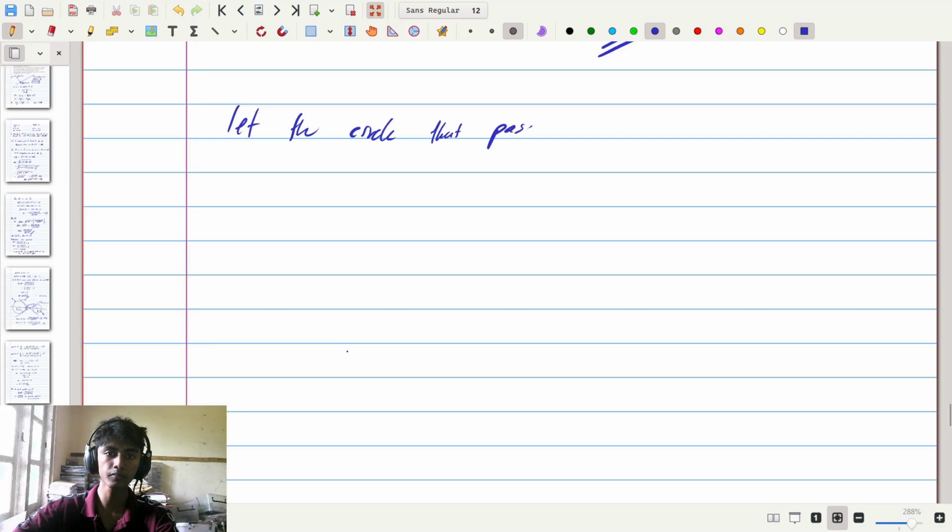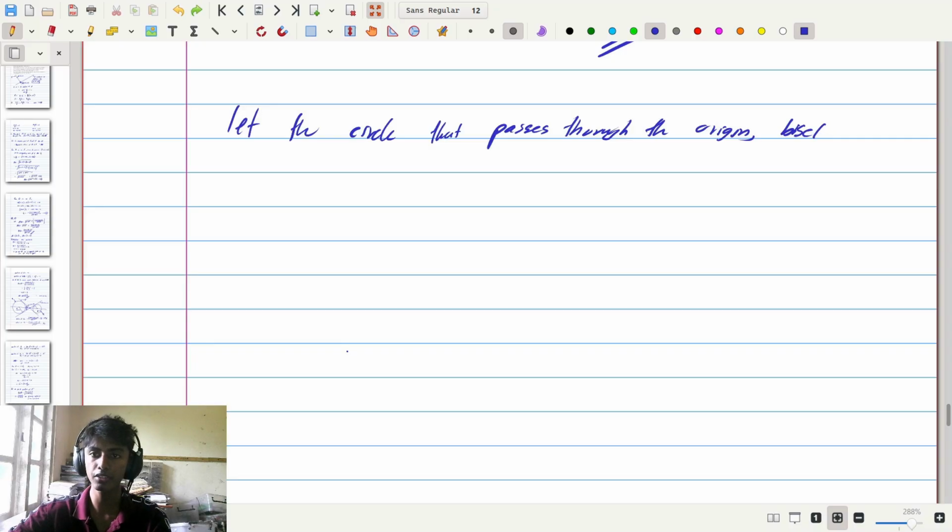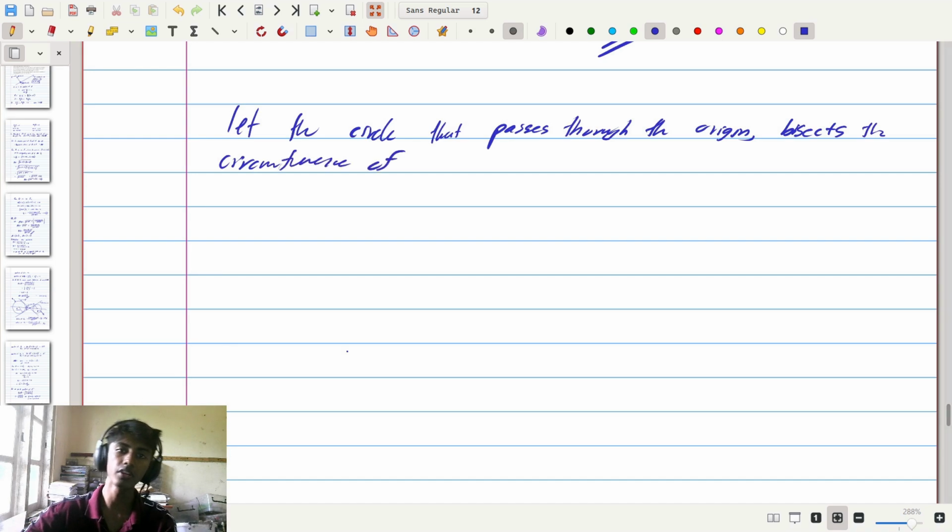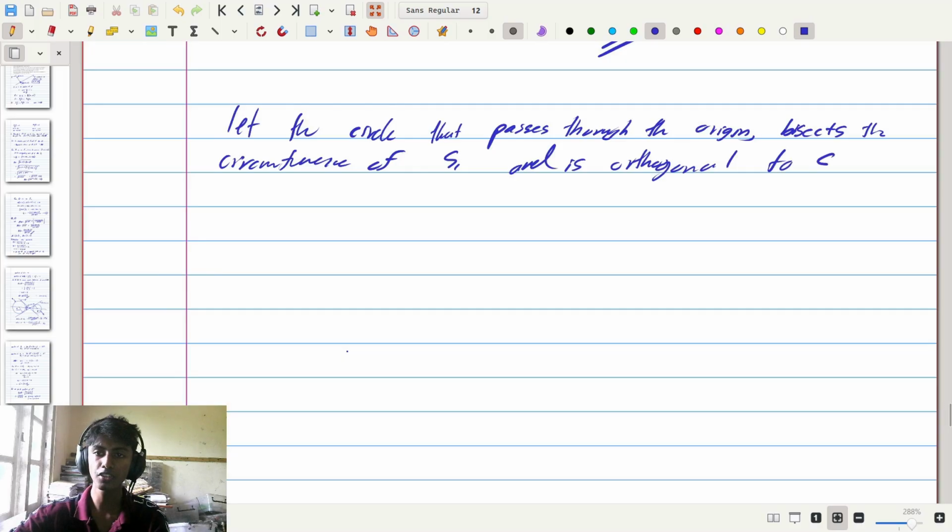That passes through the origin, bisects the circumference of circle S1 and is orthogonal to the other circle S2. Let this circle be the circle S. Let this S circle be the circle that we want.